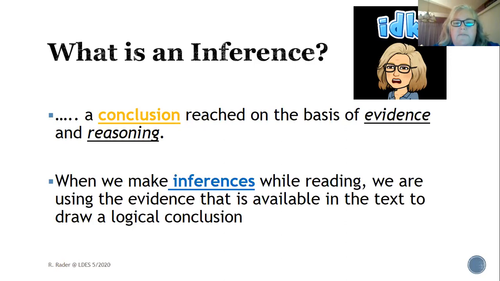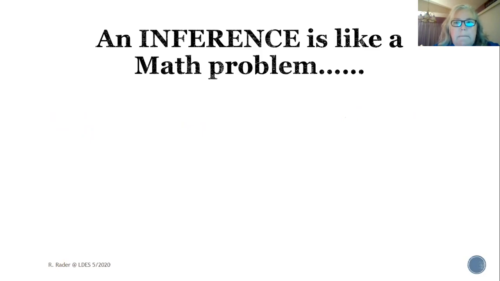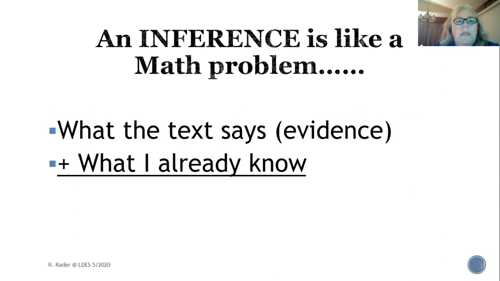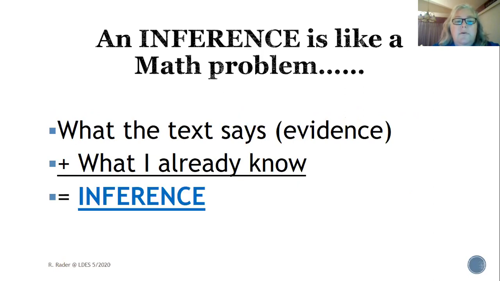When we make inferences while reading, we are using the evidence that is available in the text to draw a logical conclusion. So it's actually like a math problem. You can take what the text says, that's the evidence, plus what I already know, and that's going to equal an inference. Okay?